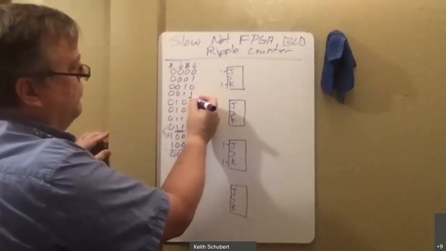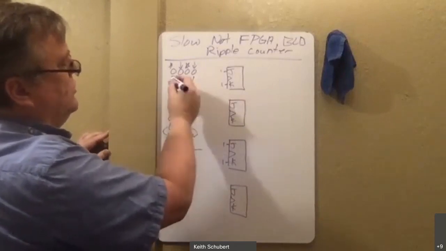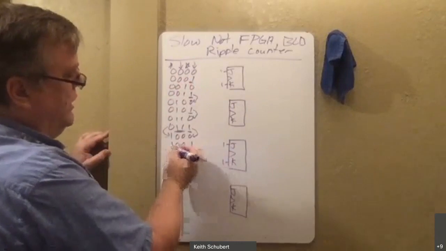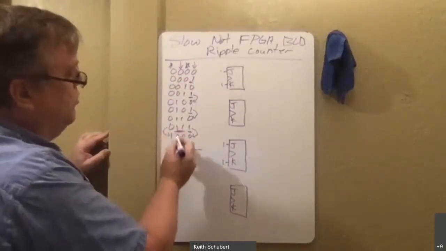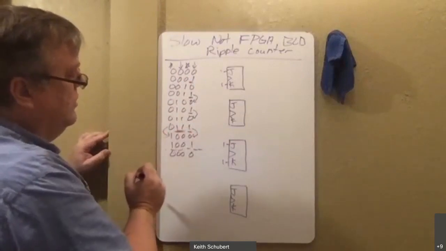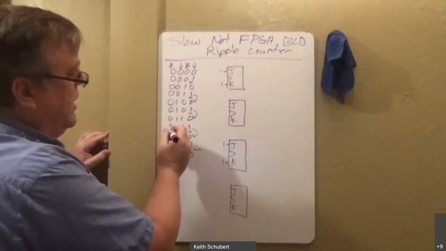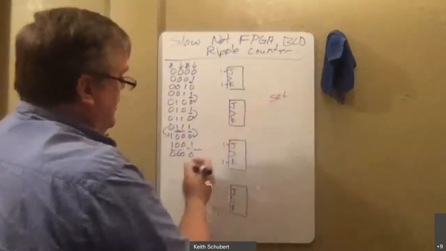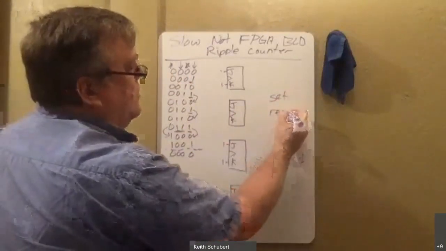When this one goes from a 1 to a 0, it should go to a 0. So notice the only time I want to go to a 1 is right here. That means when both of these are 1, I want it to be set, and in any other cases, I want to reset.